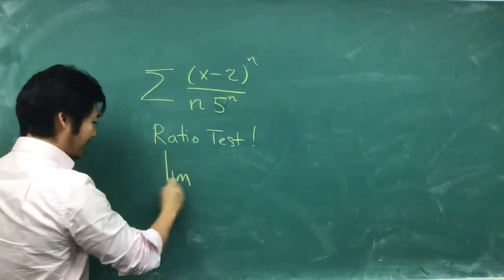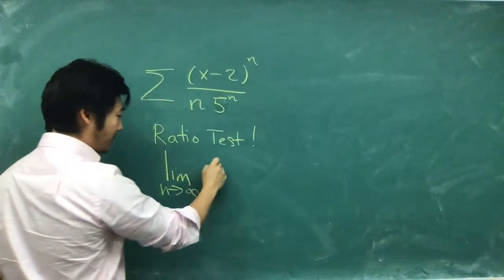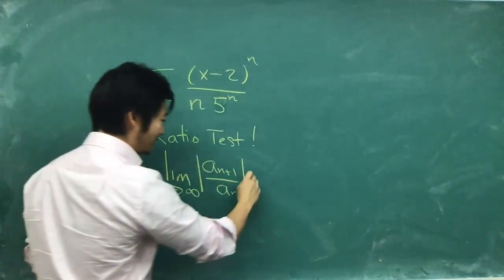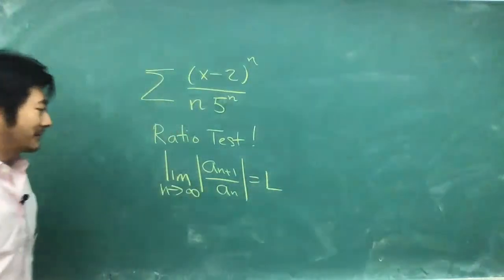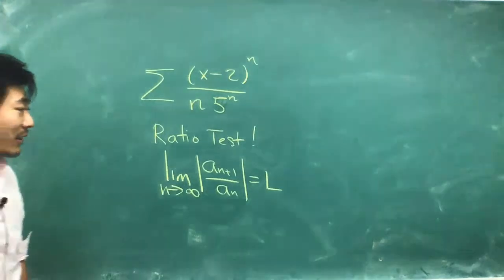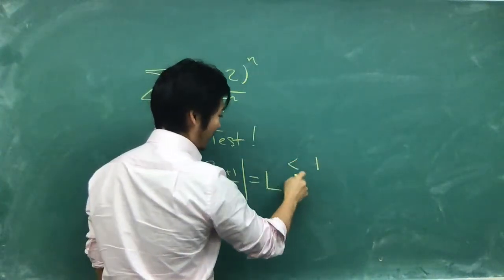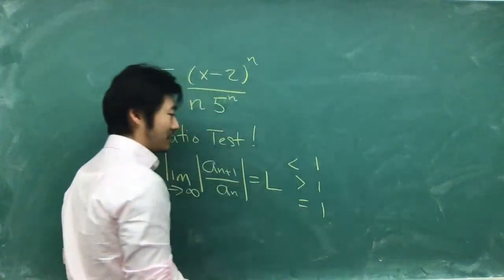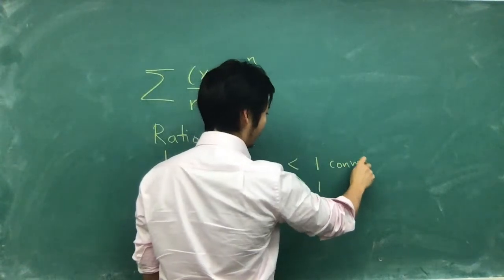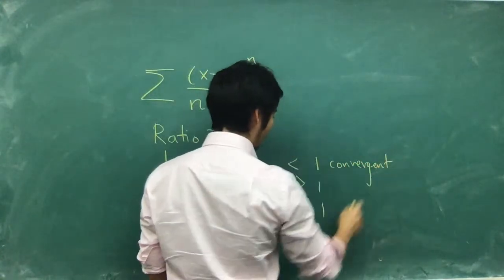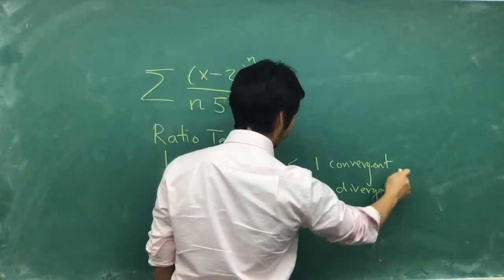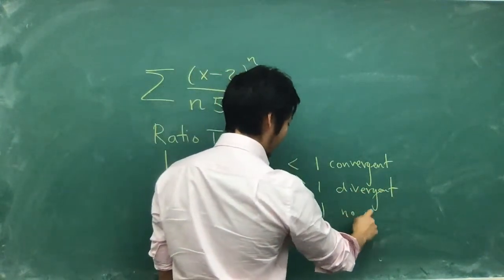The ratio test is you compute this ratio, and then whether this is less than 1, greater than 1, or equal to 1, they do separate things. So if it's less than 1, it's convergent. And this is divergent. And then this is no conclusion.